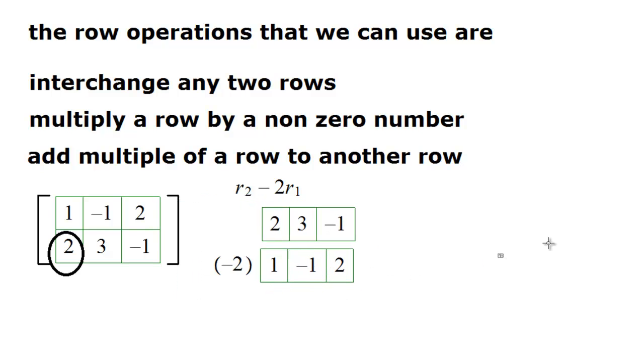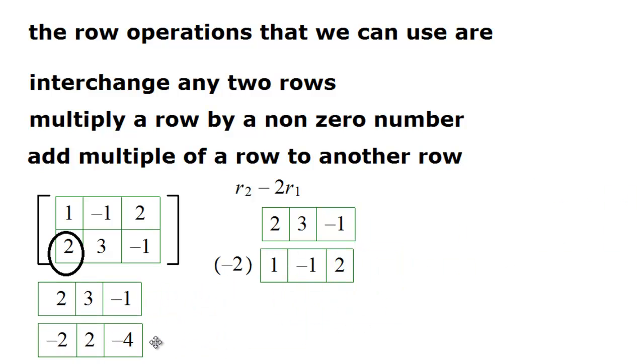Okay, let me place it a little to this side. So when we perform that operation, we get that. And when we add them together, negative 2 plus 2 will be 0, 3 plus 2 will be 5, negative 1 minus 4 will give us negative 5.